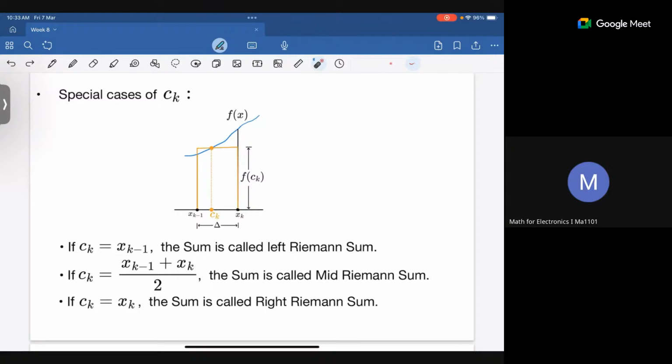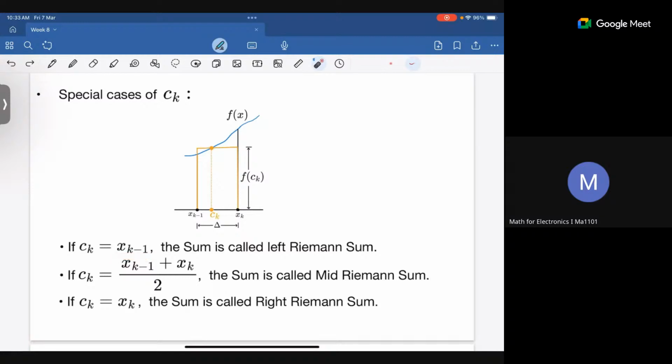Okay, so there are some special names for these Riemann sums when I choose CK specially. If I choose CK as xk minus 1, the very leftmost point, this should be consistent with any other interval also. So this is the kth interval I am showing you. Even for the first, second, third interval up to the nth interval, we have to choose all our CKs as the leftmost points of each and every interval.